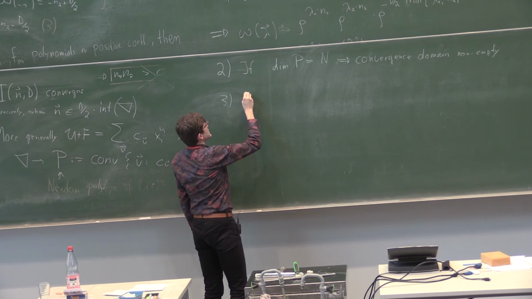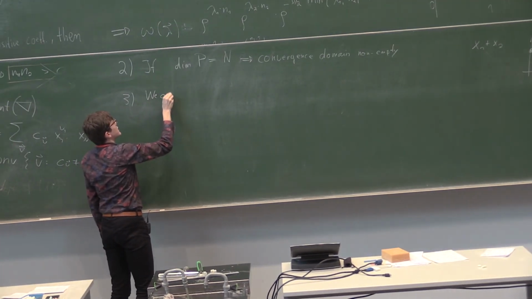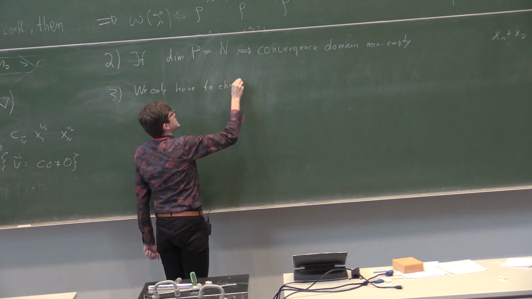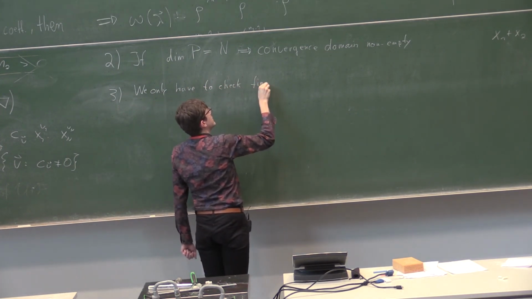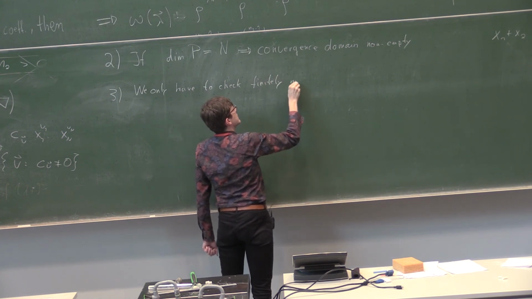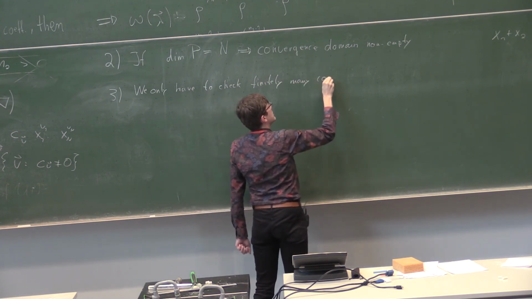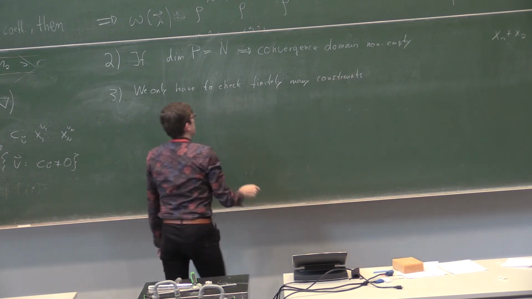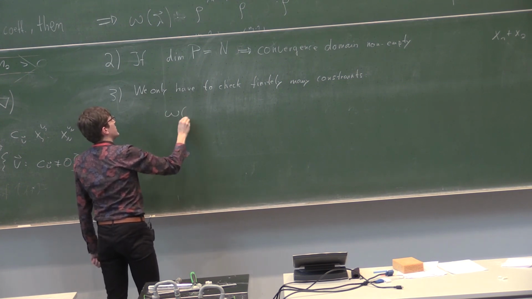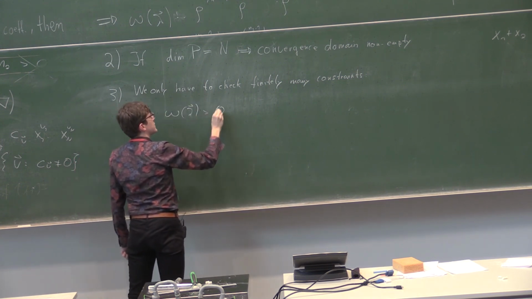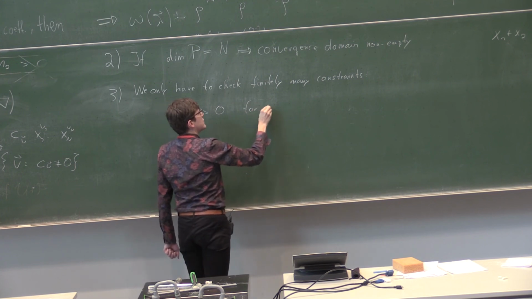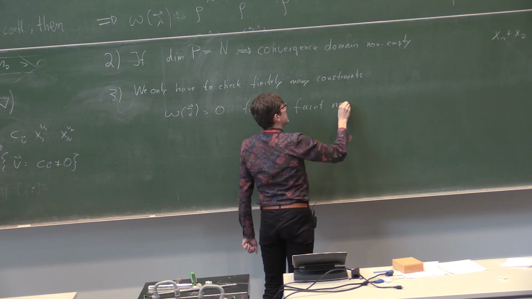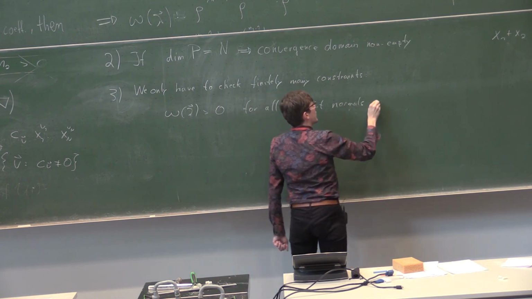And the third corollary is we only have to check finitely many constraints. Namely, we only have to check omega of lambda is greater than 0 for all facet normals of the Newton polytope.